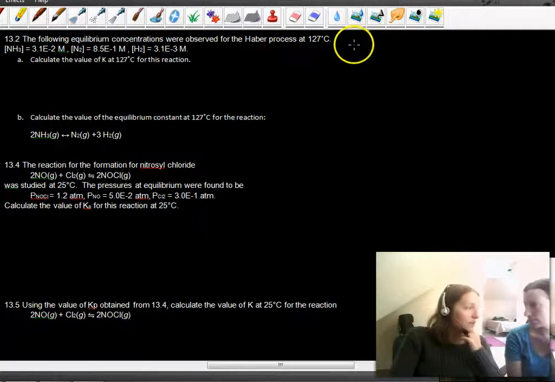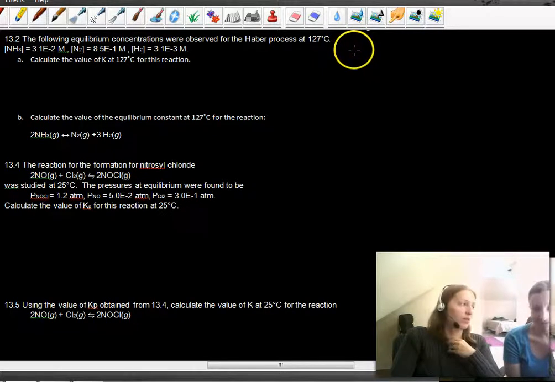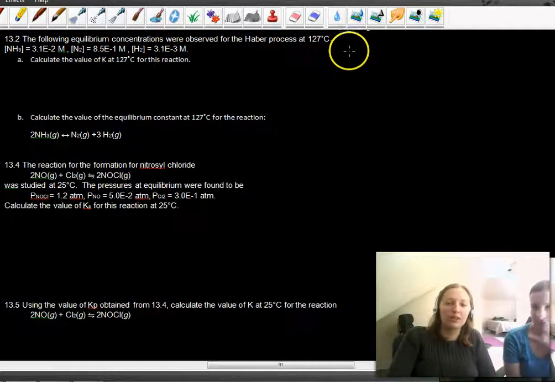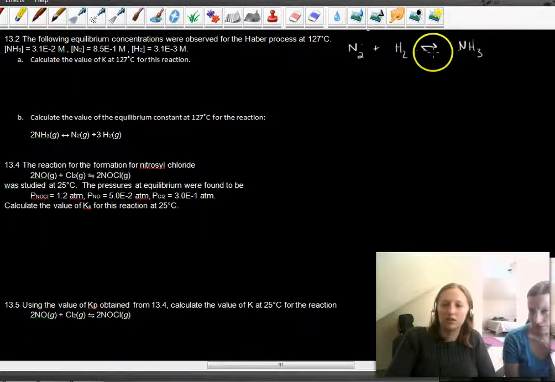One thing that you need to know is that the Haber process is like the main reaction that they ever talk about with equilibrium. So you should probably know it. And the Haber process is how to make ammonia. So nitrogen and hydrogen gives you ammonia, and you got to balance that sucker. So that's 2 and 3.